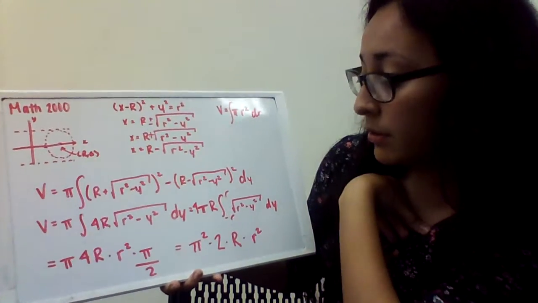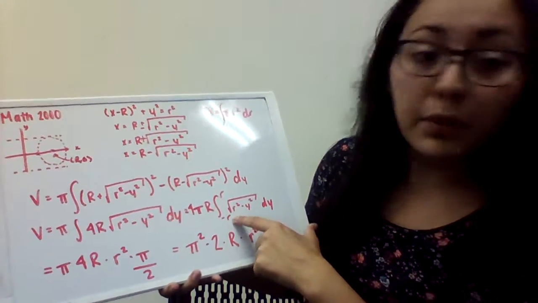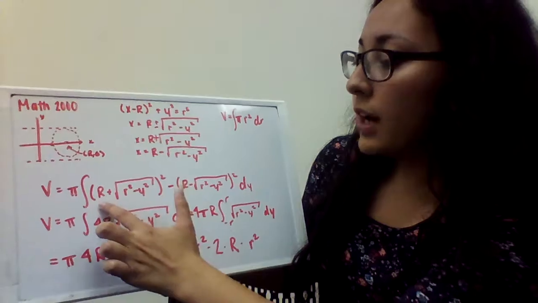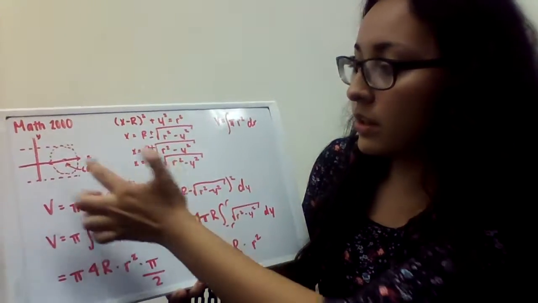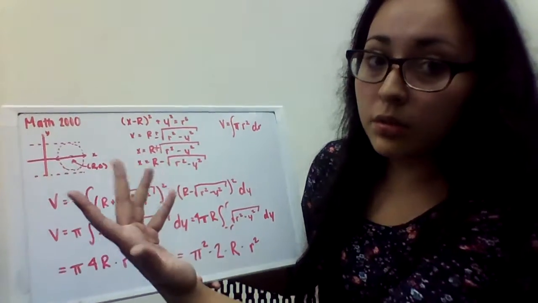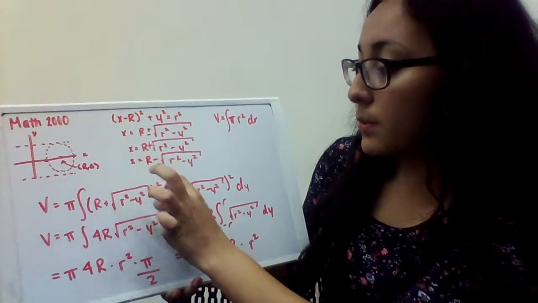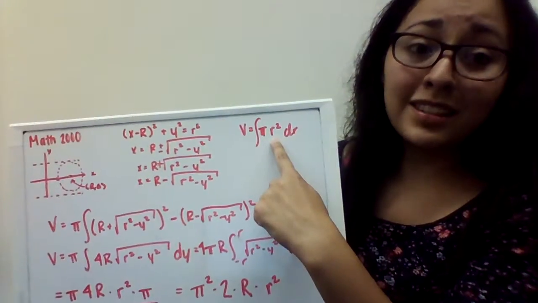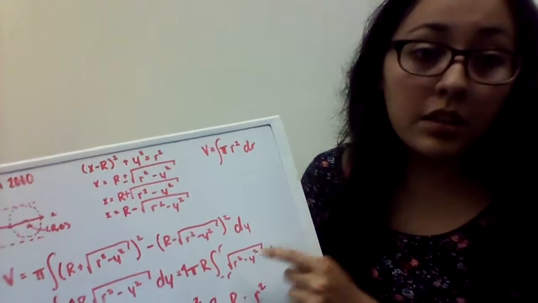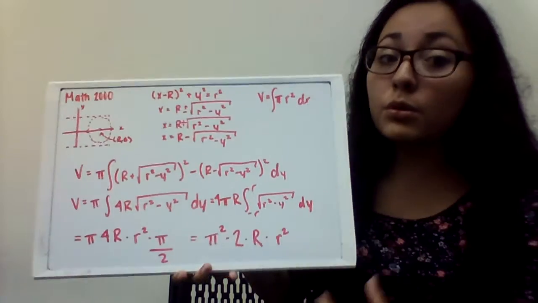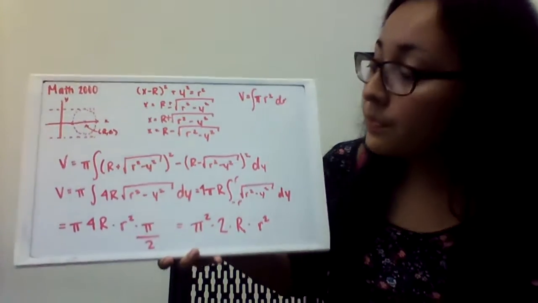But you have the positive squared minus the negative squared. And that's because we're trying to get the whole disk. So you just plug in, they're both squared because that's what it says in the area. And this is on dy, and dy because we're rotating around the y-axis.